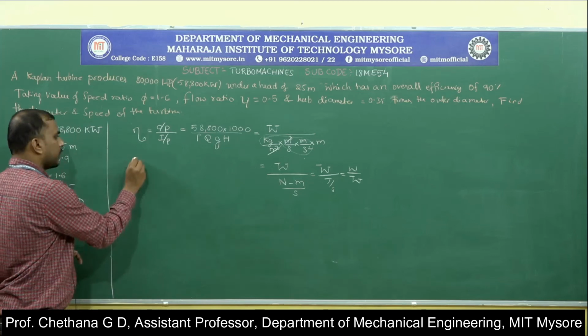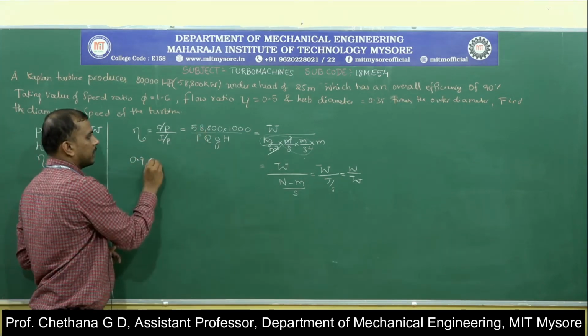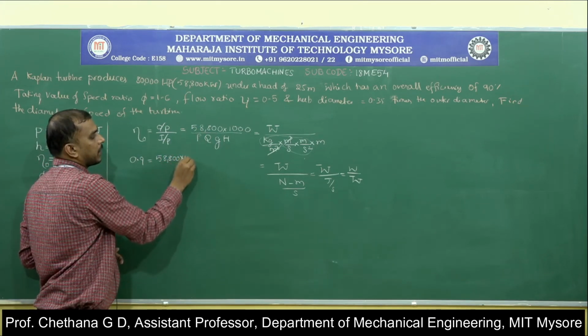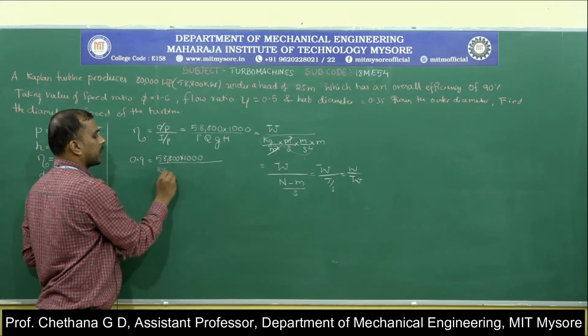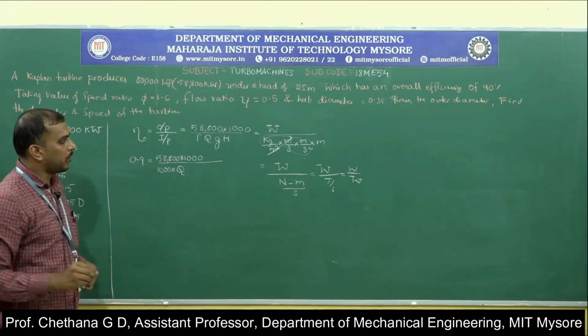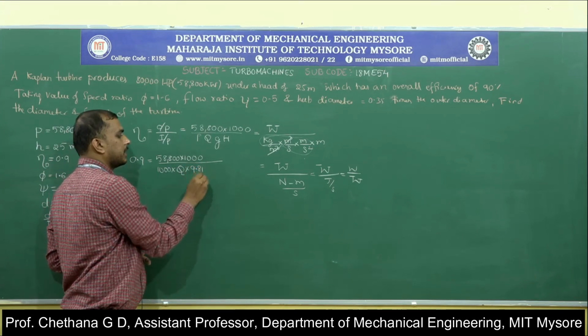Overall efficiency is given, which is 0.9. So 58,800 into 1000. Density of water is also 1000 kg per meter cube. Discharge, which we do not know, we will keep as it is. Then 9.81 is g.